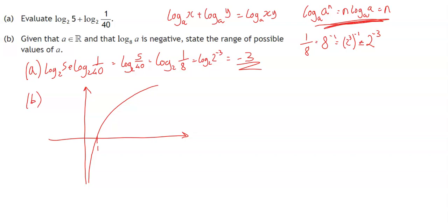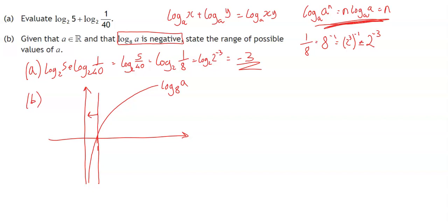However, the key thing we want to know from the question is when log to the base a is negative. So if I imagine this here's the graph, it wants to know when it's negative. So basically it wants to know everything that will fall below this part here, because anything less than the 1 will be a negative value. It's important to remember that it's anything less than 1 because it's log to the base a being negative. If a was 1, it would fall on the x-axis, so the value would be 0.